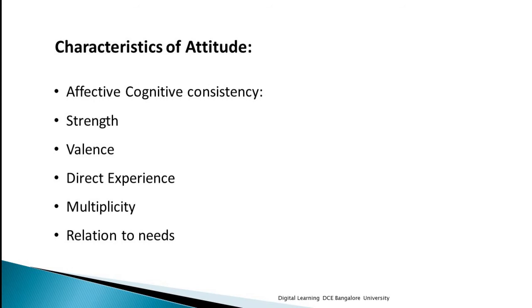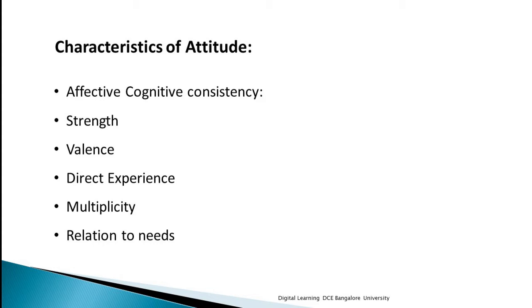Characteristics of attitude. These are some important characteristics of an attitude. First of all, affective cognitive consistency. They say that there has to be some consistency between the affective component and the cognitive component of an attitude. The affective component of an attitude is related to emotions, feelings, moods associated with the attitude object.